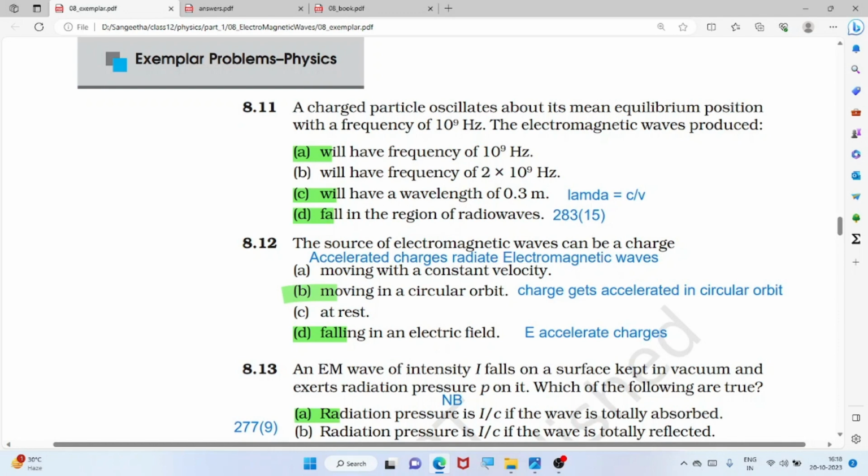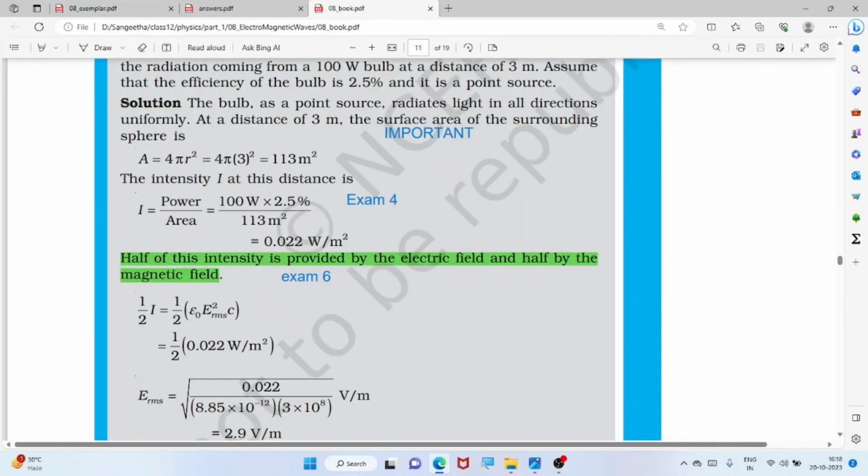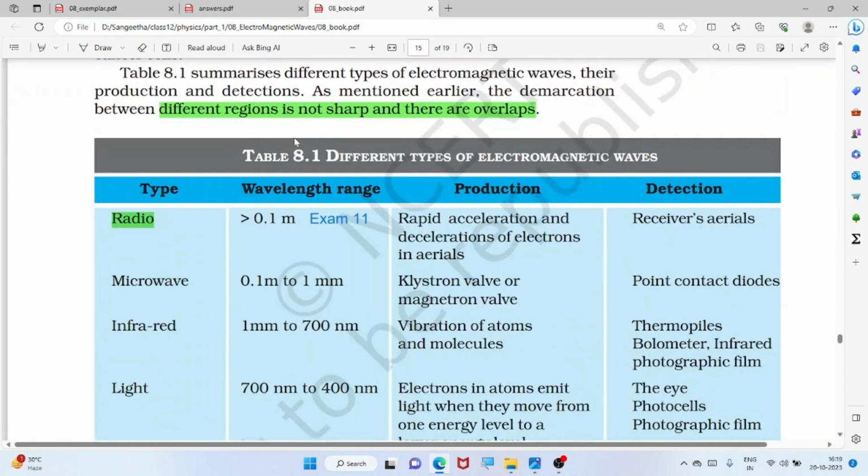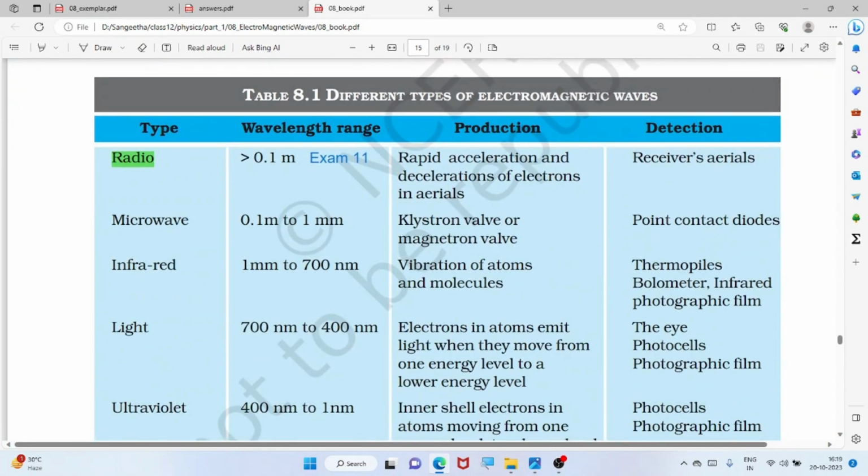Then see which region of the spectrum it falls in. Question 15. Radio waves, this is greater than 0.1 meter.